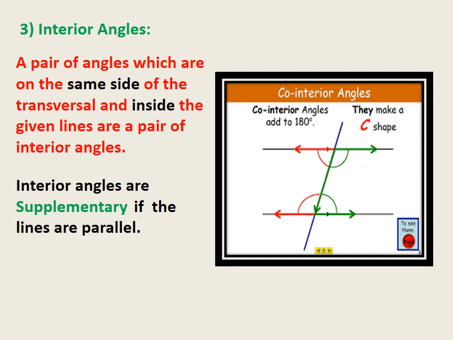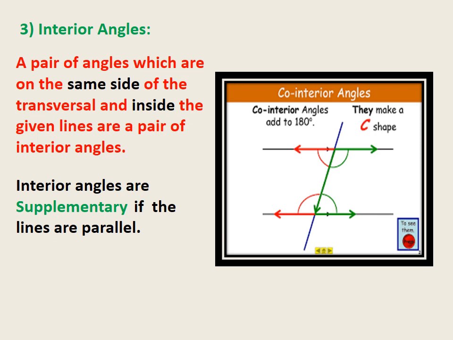Interior angles. A pair of angles which are on the same side of the transversal and inside the given lines are a pair of interior angles. Interior angles are supplementary if the lines are parallel.